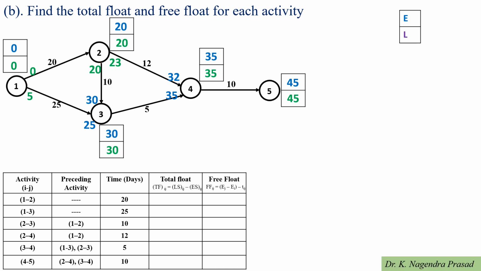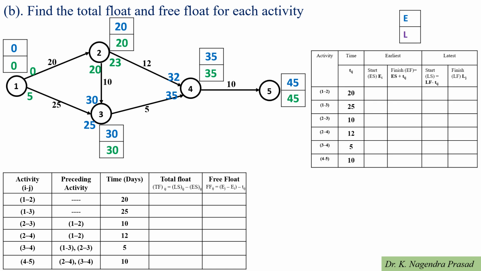Next we will calculate the earliest start time and earliest finish time and also calculate the latest start time and latest finish time. For this one, first we have to draw a tabular column. In the tabular column, first column is the activities and next column is the time duration of the each activity, that is the Tij.